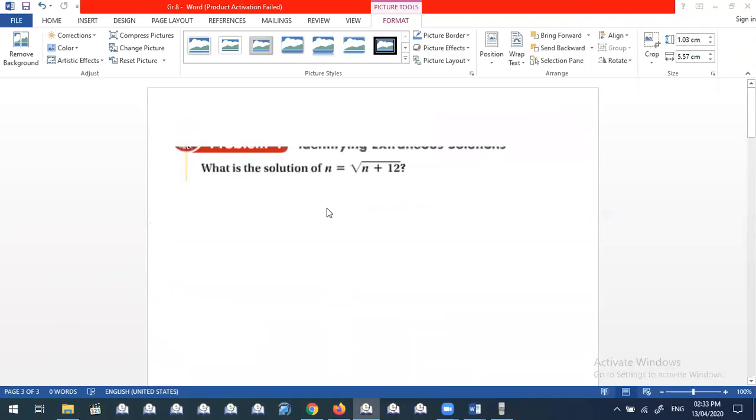In this example, identify the extraneous solution. What is the solution of this equation? Here we need to remove the square root.